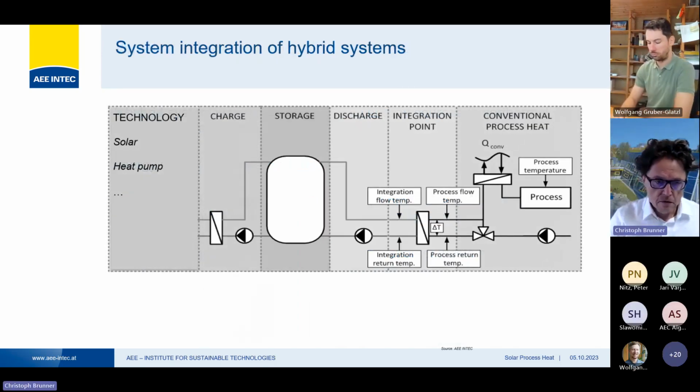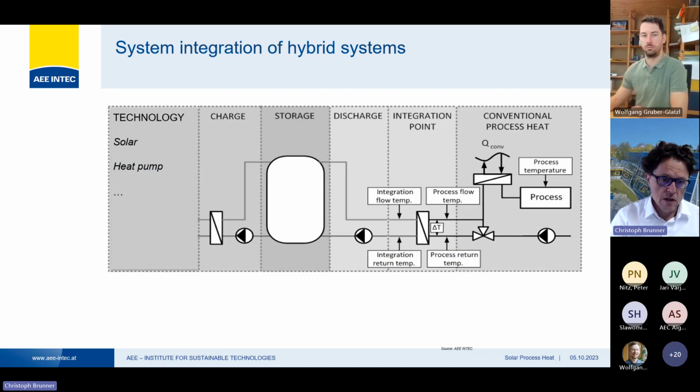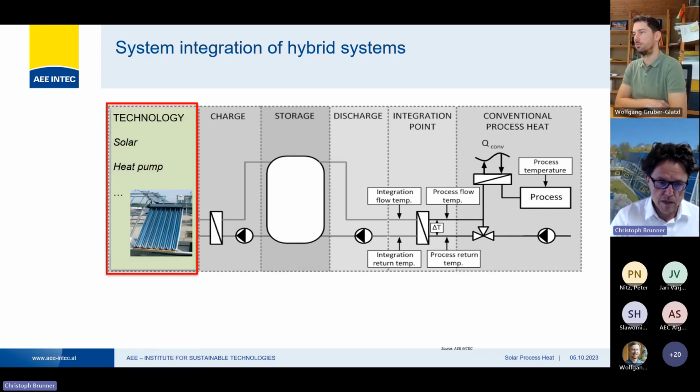This graph should show you an overview of how such integration of renewable energy, and specifically solar thermal, could look like, or will look like, very schematically in industrial systems. So we have on the one hand the supply technology, then in most of the cases a storage technology, and then we have the integration point and the processes itself, and maybe also this link with other supply technologies.